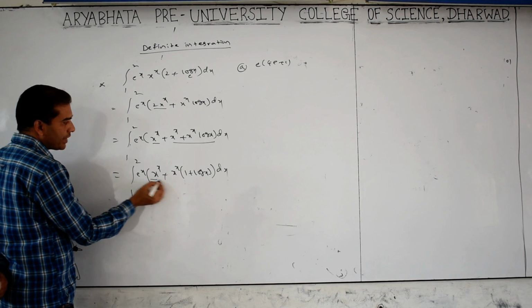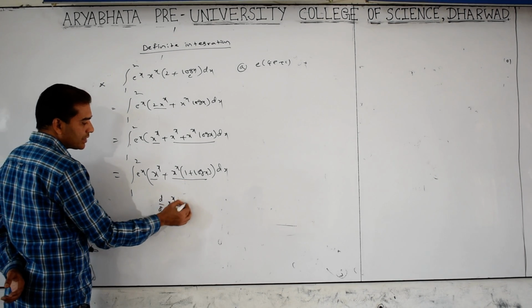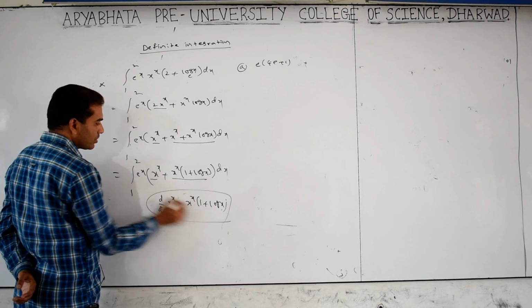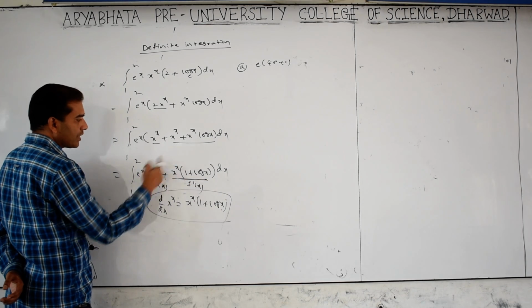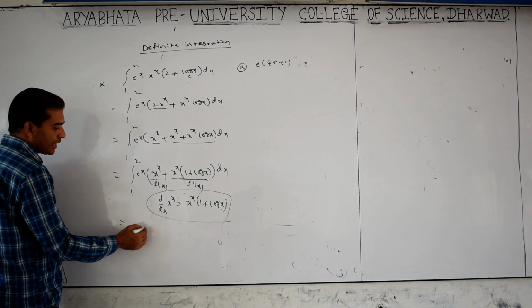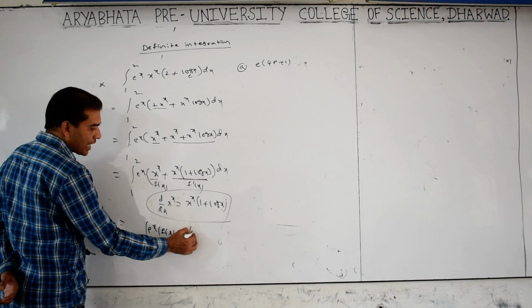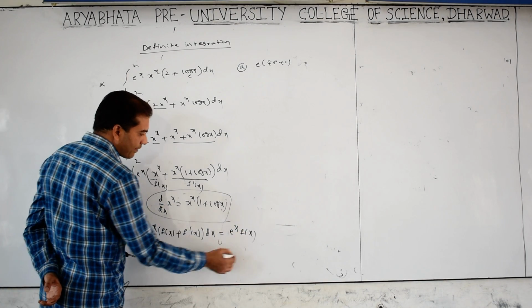The derivative of x power x is x power x into (1 plus log x). So this is f of x and this is f dash x. The integration of e power x into (f of x plus f dash x) dx equals e power x into f of x.